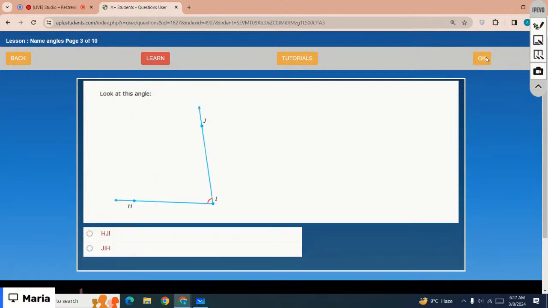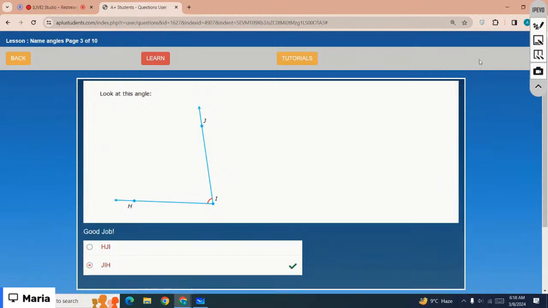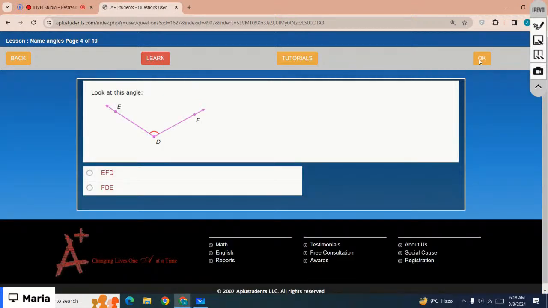Look at this angle. Yes, that is JIH. Look at this angle.